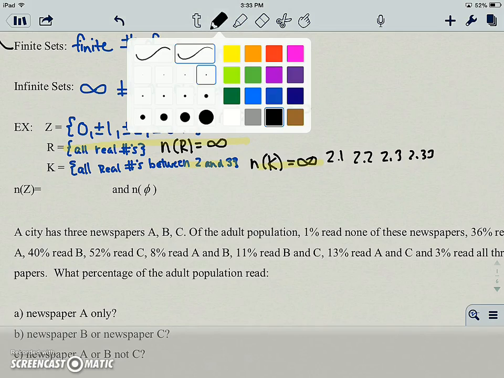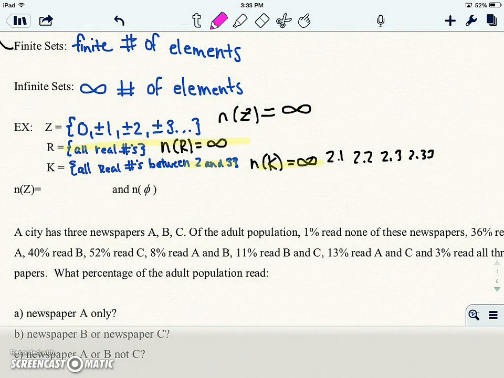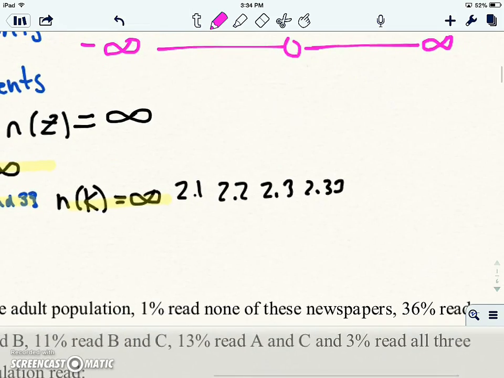What's interesting is that all real numbers is infinite, and just the numbers between 2 and 3 are infinite. So we have two infinities of different size. All real numbers go from negative infinity to infinity. That's infinite. But then we also have this little subset here, between 2 and 3.